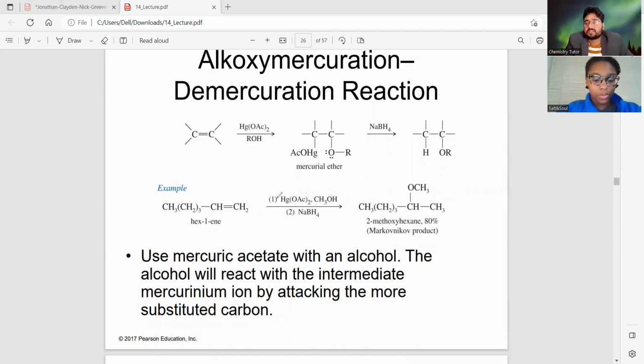The next method to synthesize ethers is alkoxymercuration and demercuration.